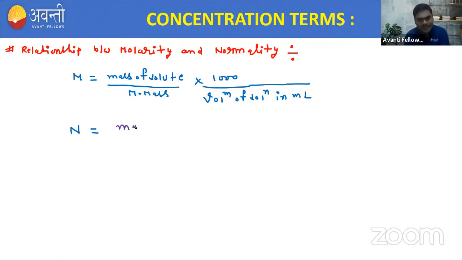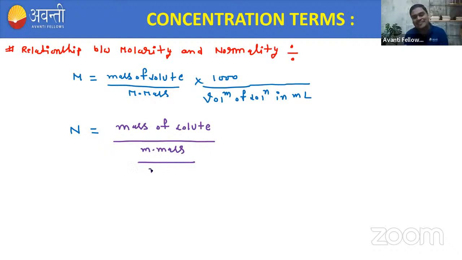Normality is the mass of solute, and instead of molar mass, we have an equivalent mass, which is equal to molar mass upon n factor. This is similar, that is 1000 upon volume of solution in milliliter, right?